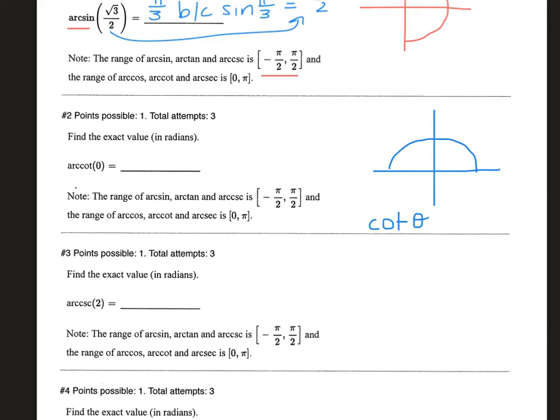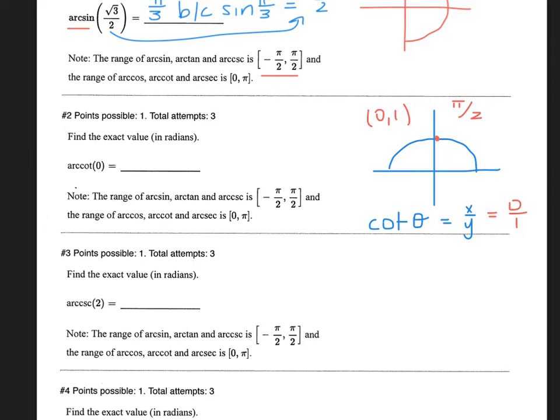angles on the unit circle, cotangent of theta is going to be the x-coordinate over the y-coordinate of the corresponding angle. We want to find theta such that x over y is equal to 0. Well, that's going to be this angle pi over 2 that corresponds to the point 0, 1. 0 is x, 1 is y, so we get 0 over 1, which is 0.